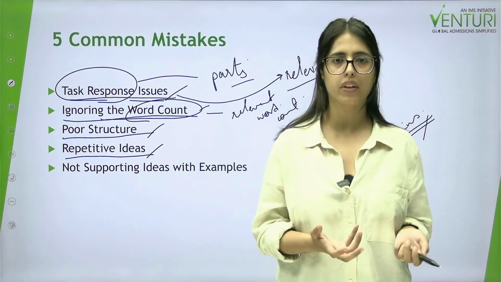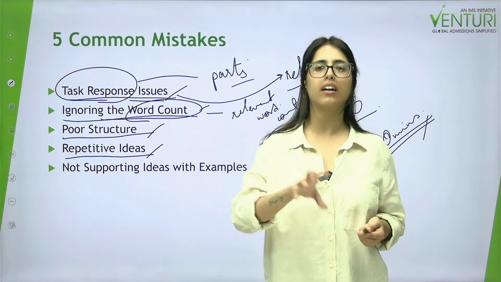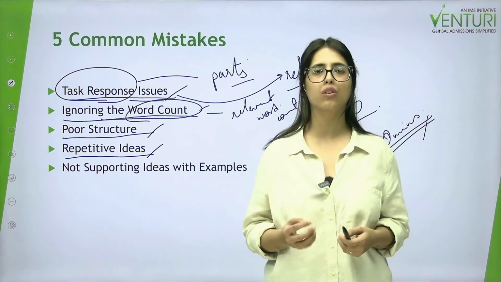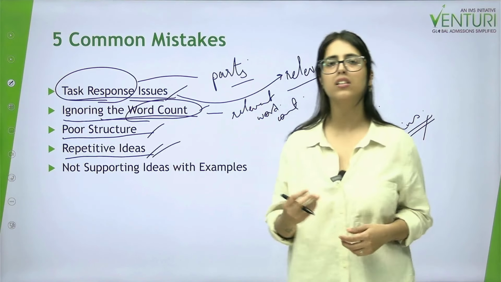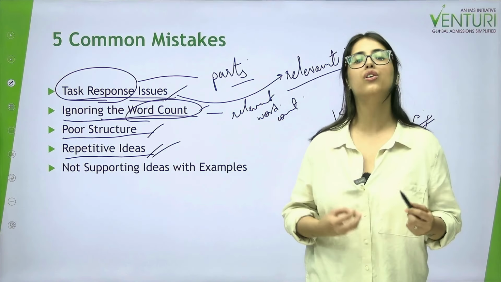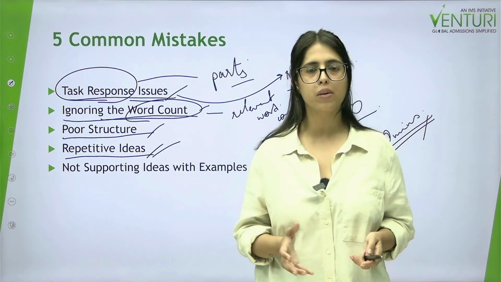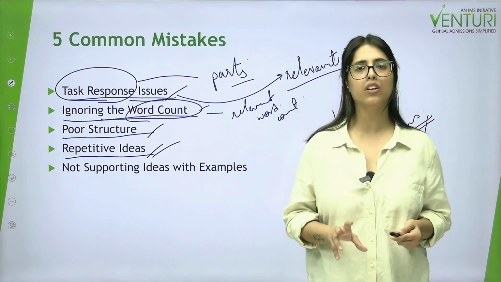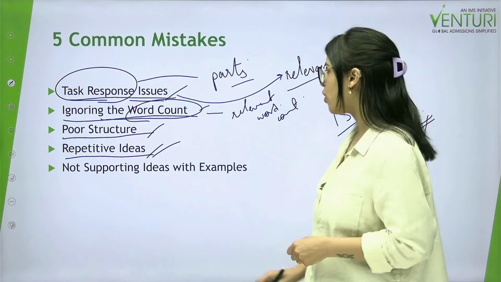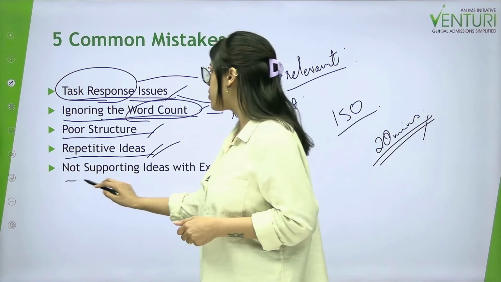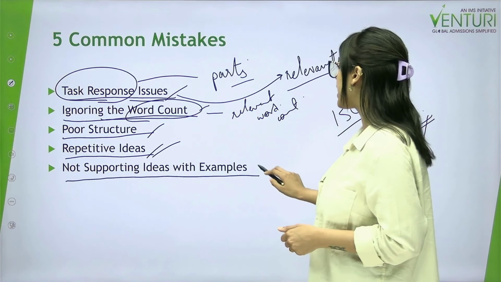It should be adding a new layer to your argument that you are trying to deliver in the answer, okay? This way you are going to come off as somebody who has a good knowledge of what they are talking about, and this is also going to make you look confident in talking about the topic that you have been assigned, okay? The last one is not supporting ideas with examples.